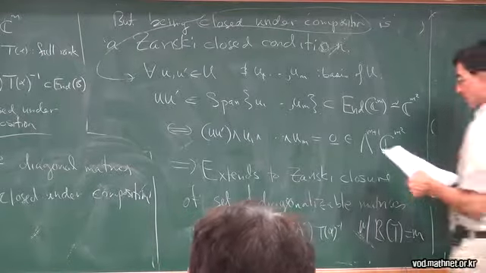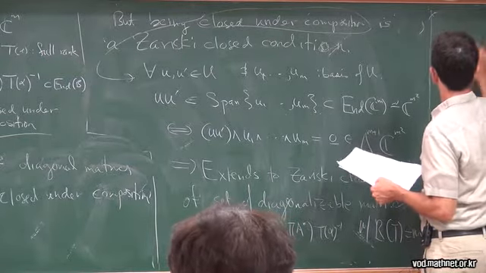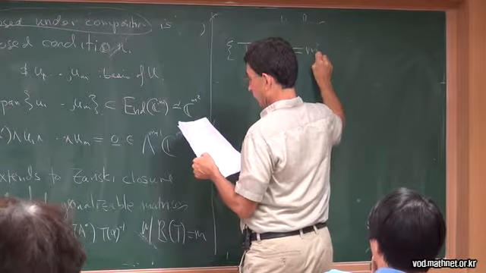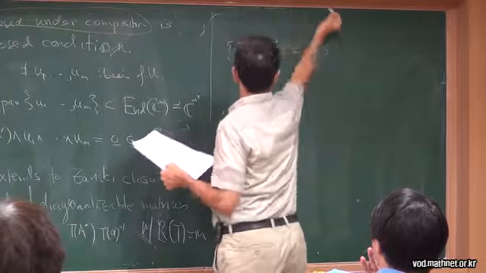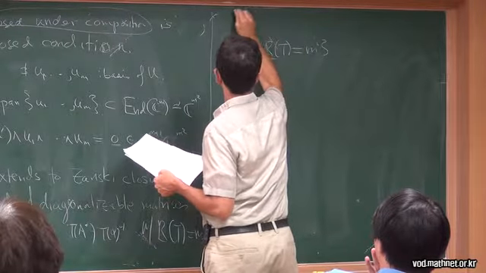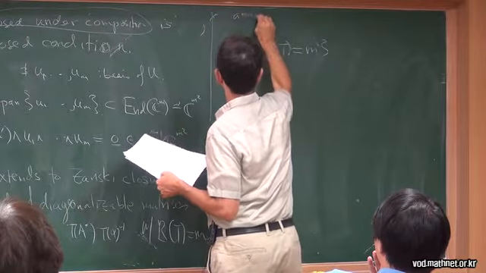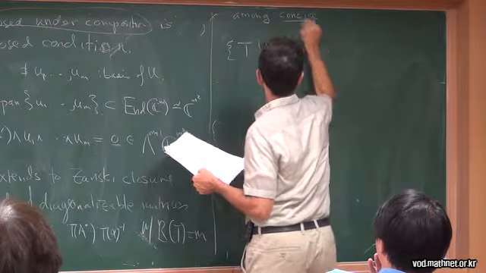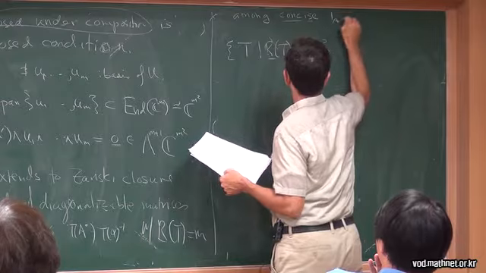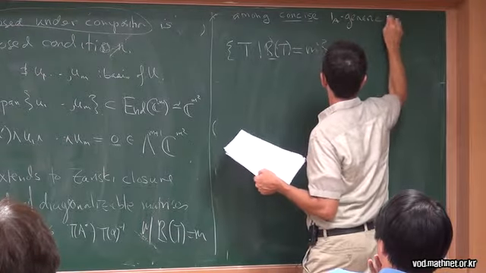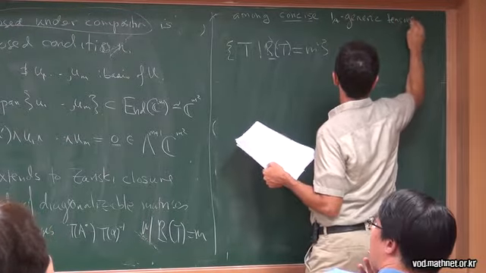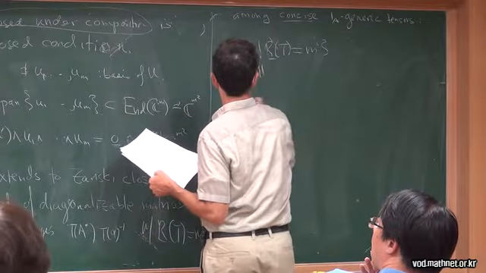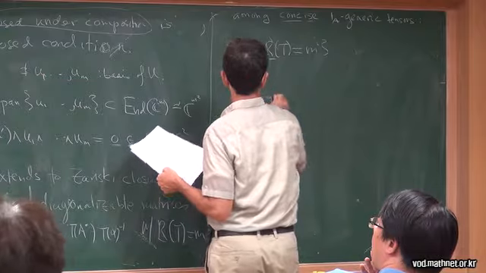So we have these inclusions. This is among concise 1A generic tensors. We have the inclusion, so this is the same thing as the Zariski closure.